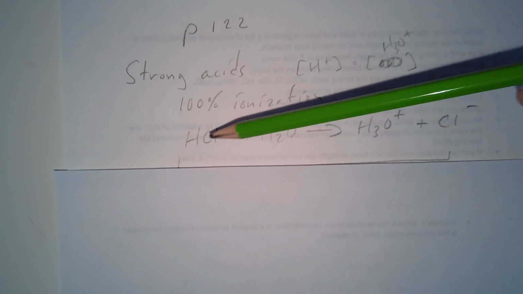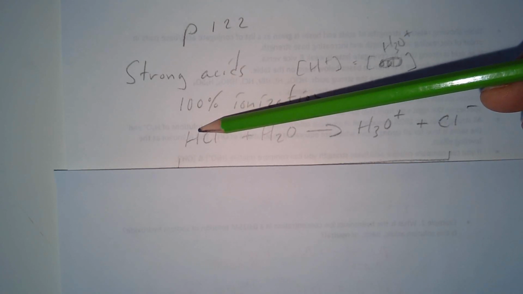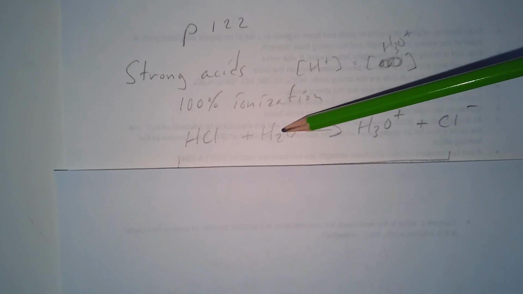Okay, so for example, if we've got this reaction here, we've got HCl plus water, and that's going to give you H3O plus and Cl minus. So remember, the H plus is the acid. An acid by Brønsted-Lowry is defined as a proton donor. So it's going to give its proton to water, which in this case is acting as a base.